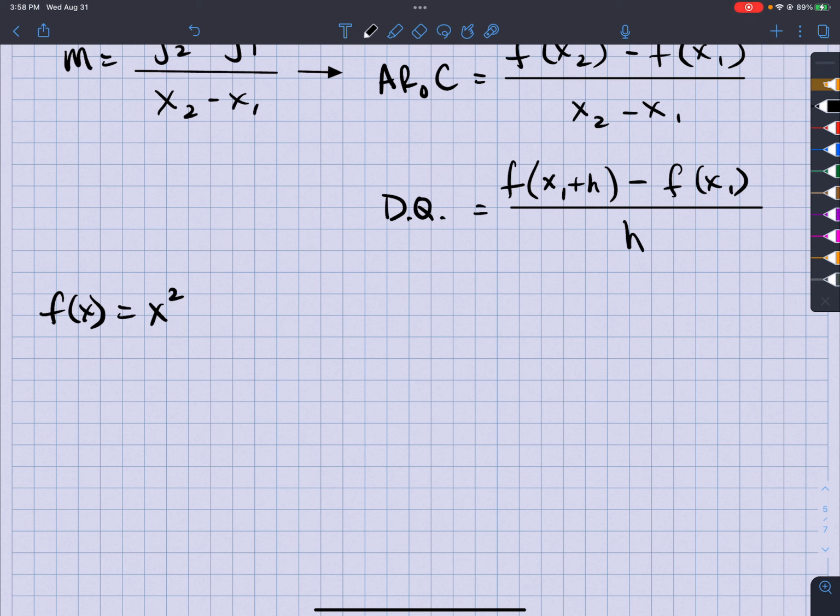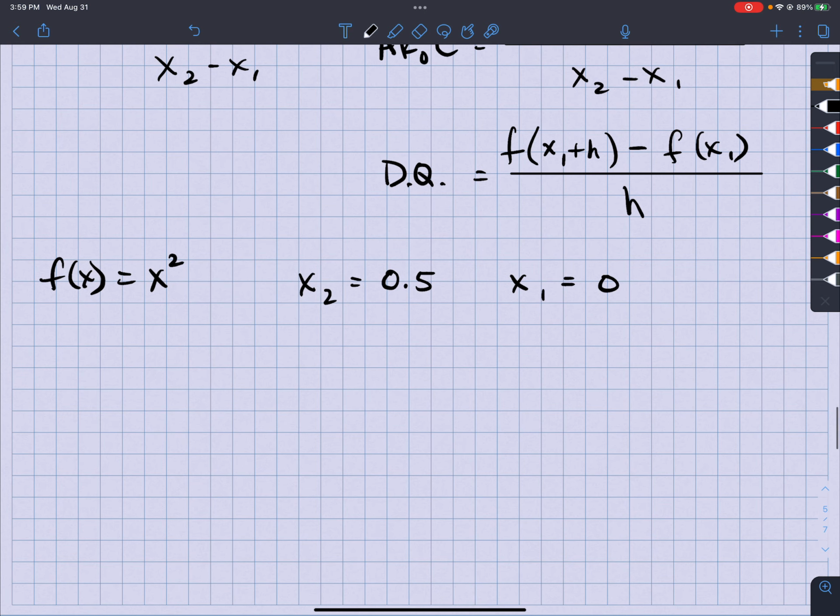Let's say I want to find it where x2 is equal to, you know what? Let's play the game of 0.5, and x sub 1 is, let's go with 0. Okay, 0 and 0.5.